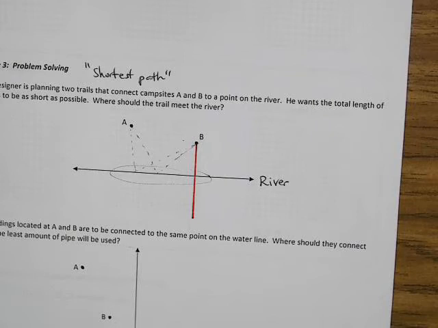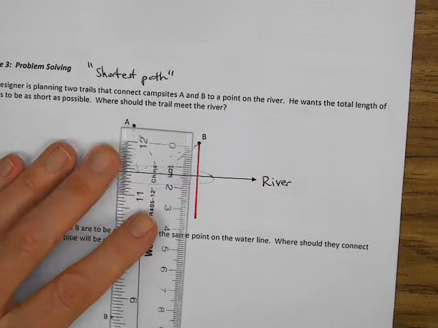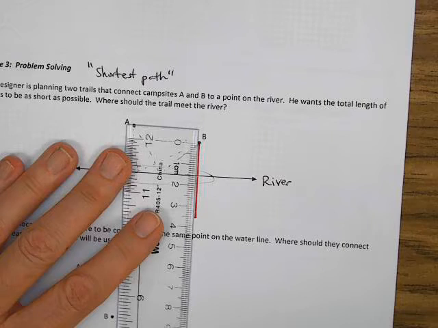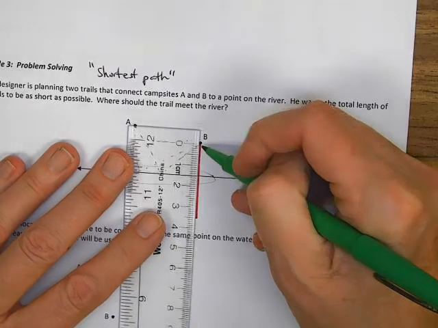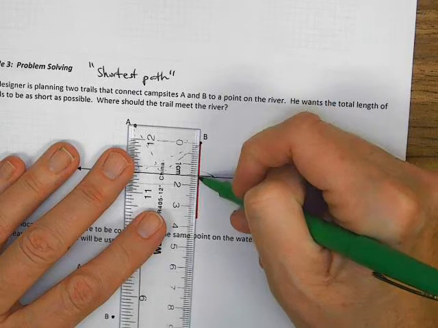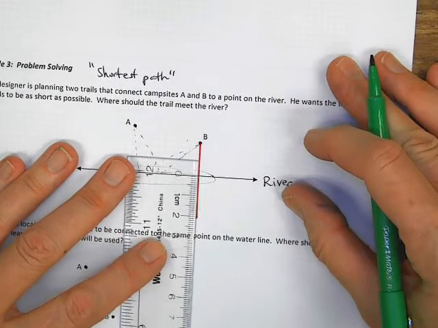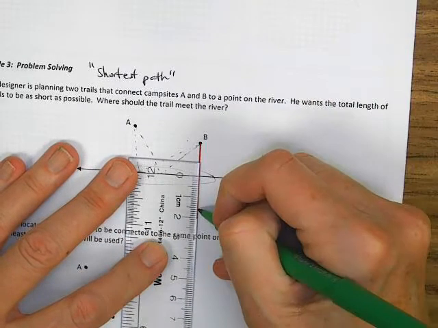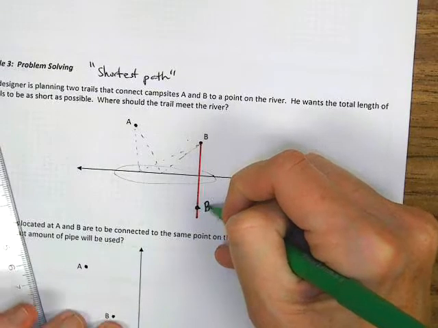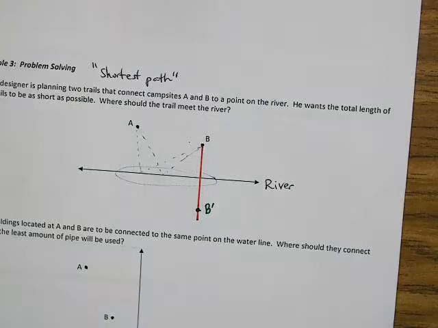And then we also need a bisector, so now I have to measure the distances if I'm reflecting that point. So just like we did in the last problem, I'm going to measure from B here to the line that looks to be just over 1.5 centimeters. So now I'm going to measure out just over 1.5 centimeters. That would be B prime.